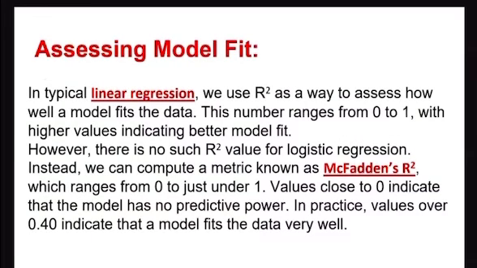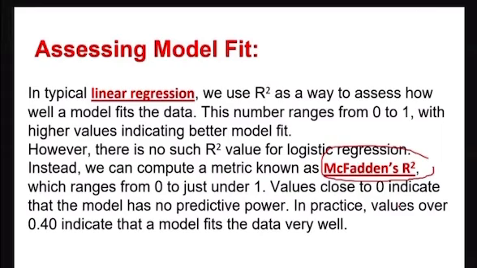Now, how do we assess the model? In the case of logistic regression, we don't use R squared, but we use something that we call pseudo R squared. The values range from 0 to under 1.